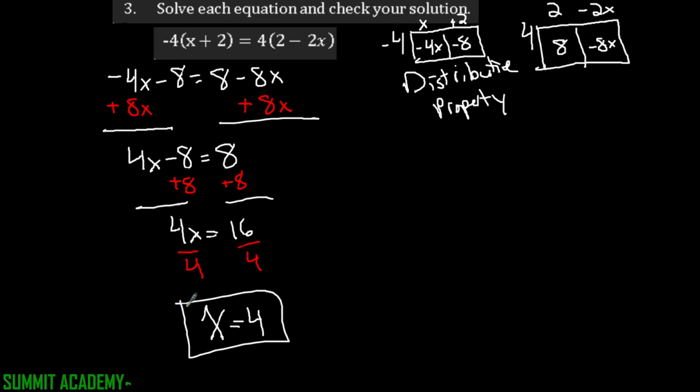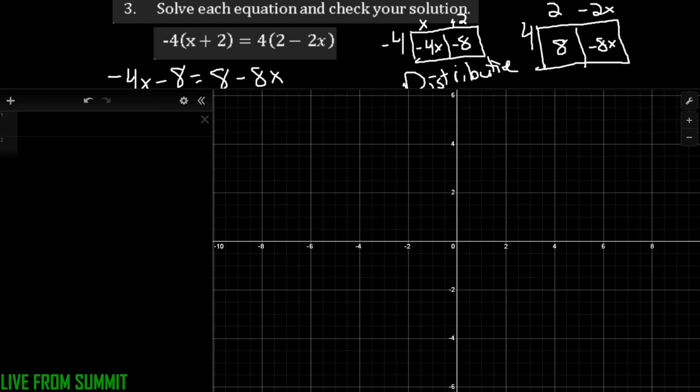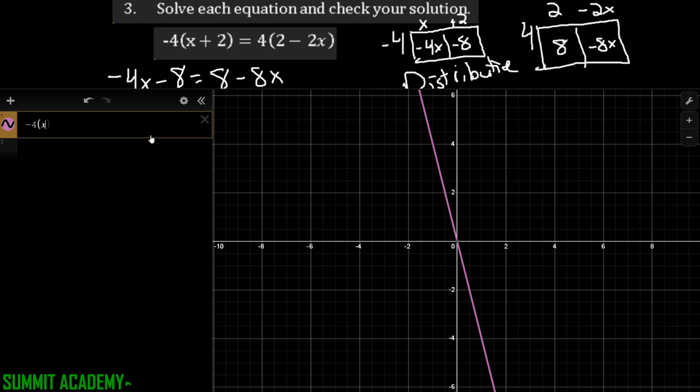Again, make sure you check by graphing. So I'm going to pull this up on Desmos. Let me re-enable it. My first equation is exactly like it looks: -4 times x plus 2.